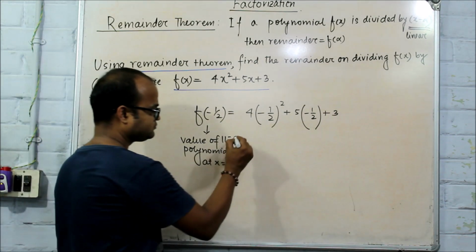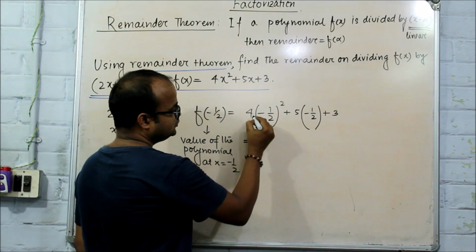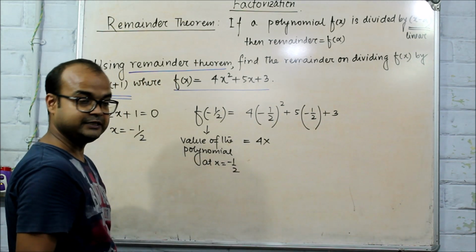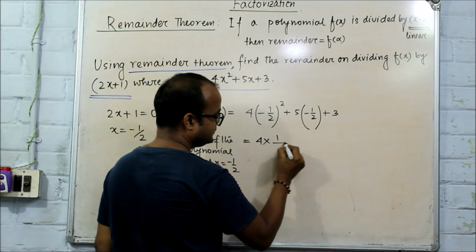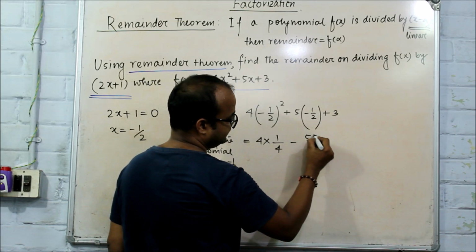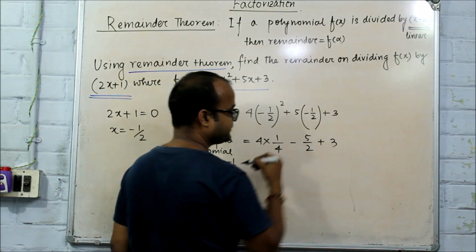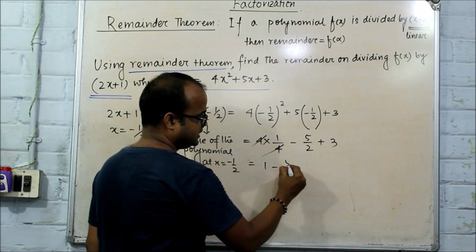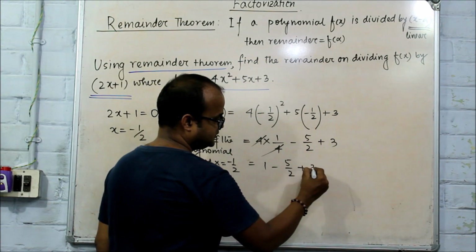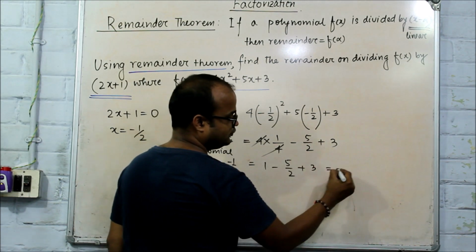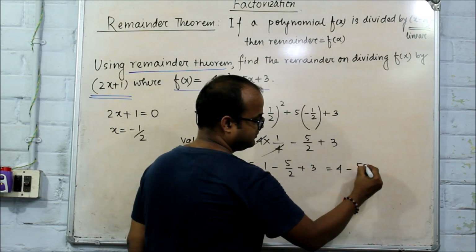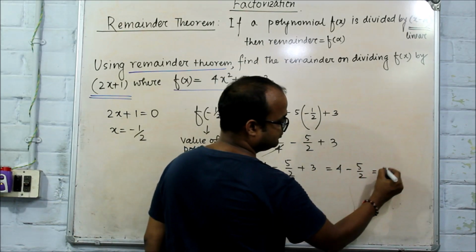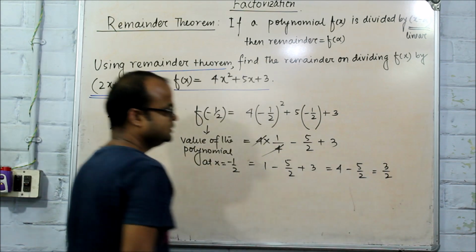Clear? So 4 into (minus 1 by 2) square is equal to 1 by 4, times 4, minus 5 by 2 plus 3. 4 and 4 will get cancelled. So you get 1 minus 5 by 2 plus 3. 1 plus 3 is equal to 4, minus 5 by 2. So 4 twos are 8, 8 minus 5 is equal to 3 by 2.